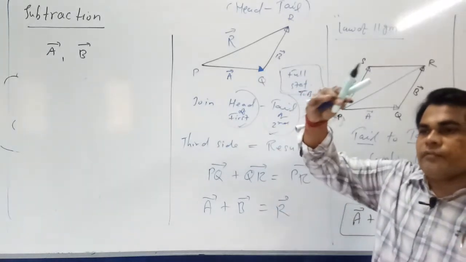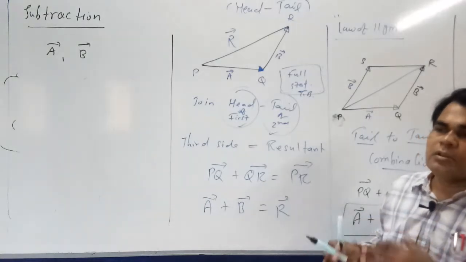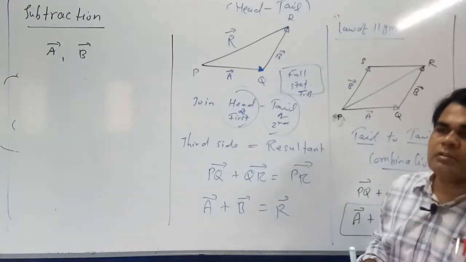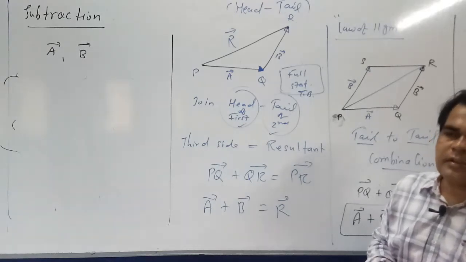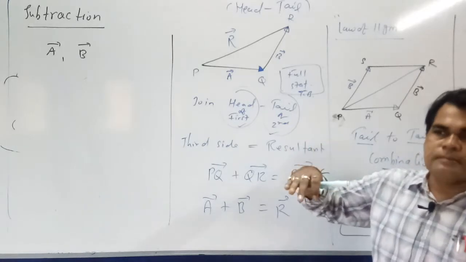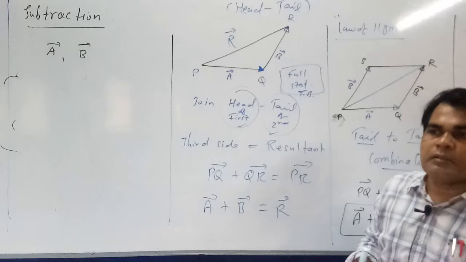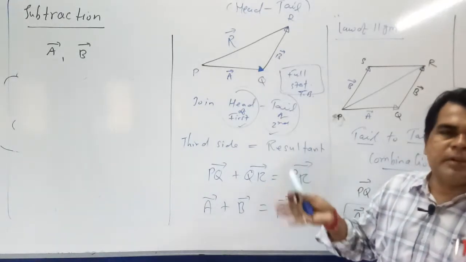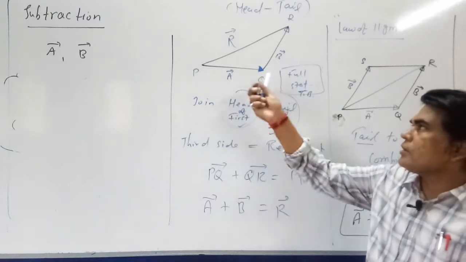If it comes in the exam that explain the triangle law of vector addition, or the law of parallelogram of vector addition, then you have to write the full statement and draw the diagram. Explain that, assuming alphabetically OA equals this, PQ equals vector A, QR equals this.